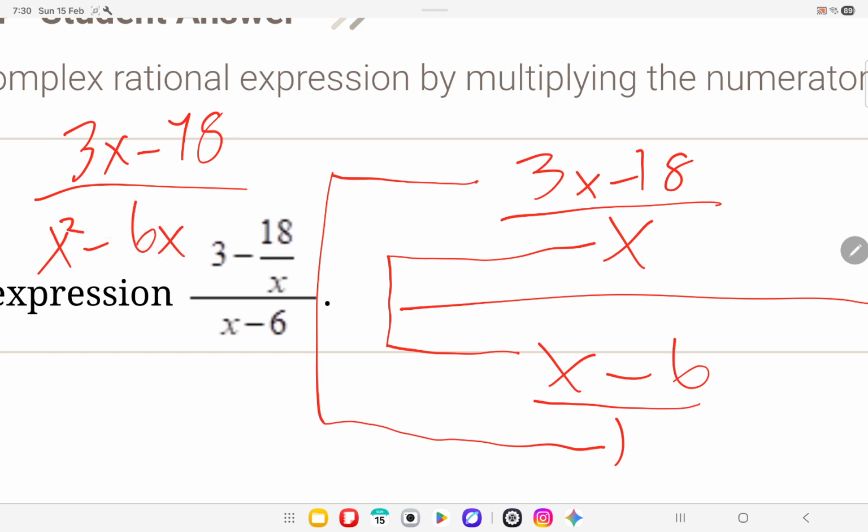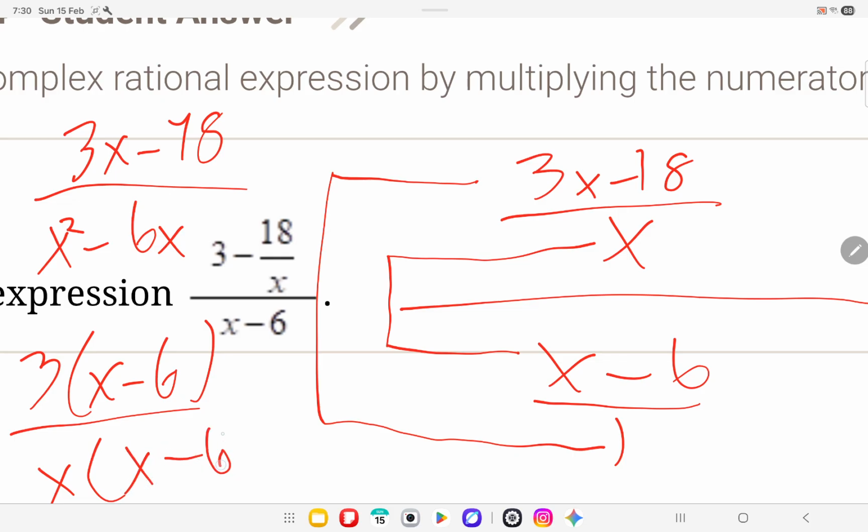So what we can do here on each one, 3x minus 18, we can take 3 out, it'll be 3 times x minus 6 over x squared minus 6x, we can take x out, it'll be x times x minus 6. Cancel them. We have to make sure that this is not 0, so we write x cannot be 6, because 6 minus 6 is 0. So this is the answer.